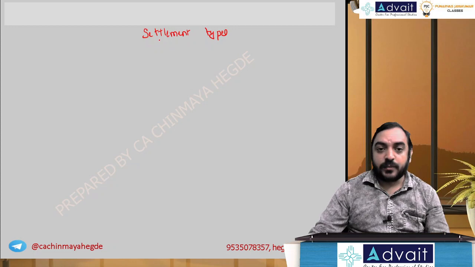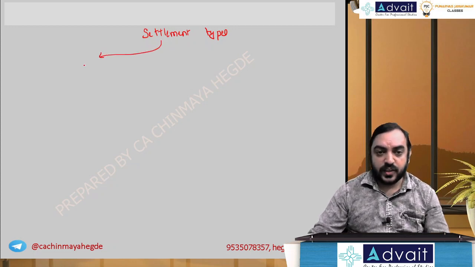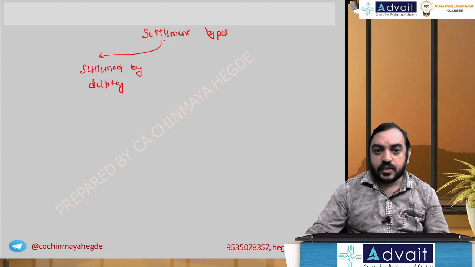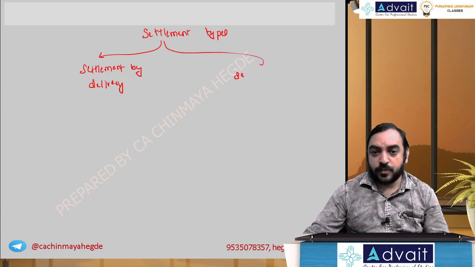Two methods of settlement. One is settlement by delivery, and the other one is settlement by cash, also called net settlement basis.